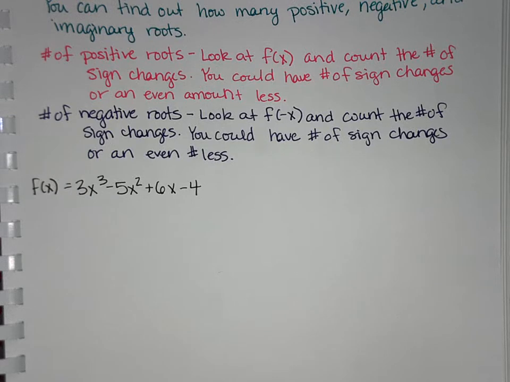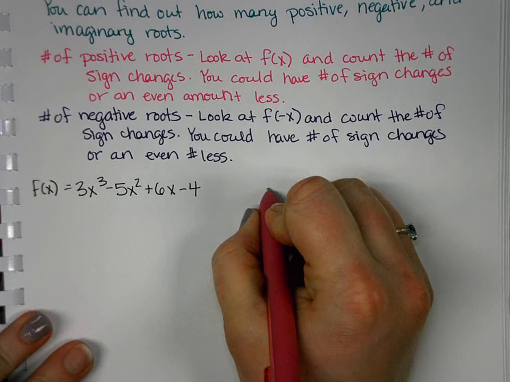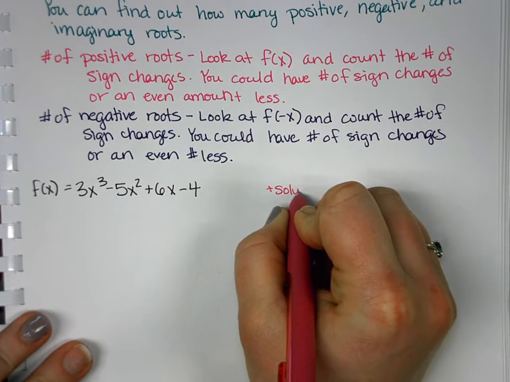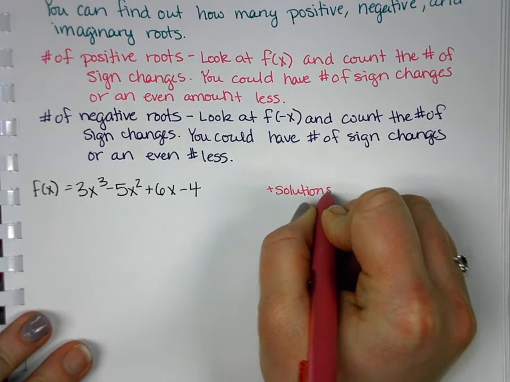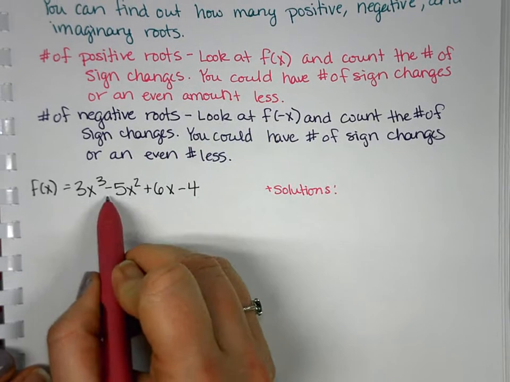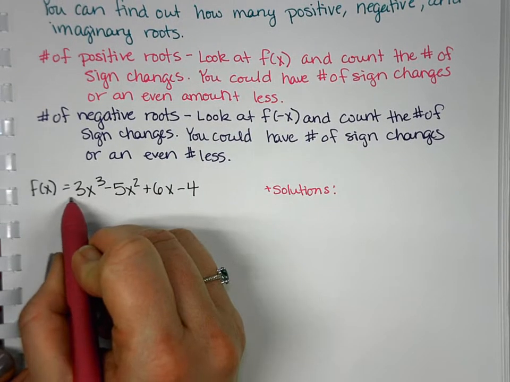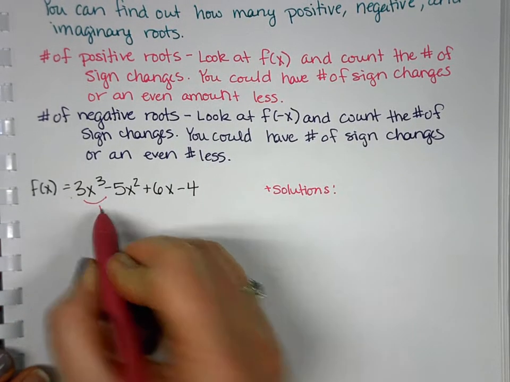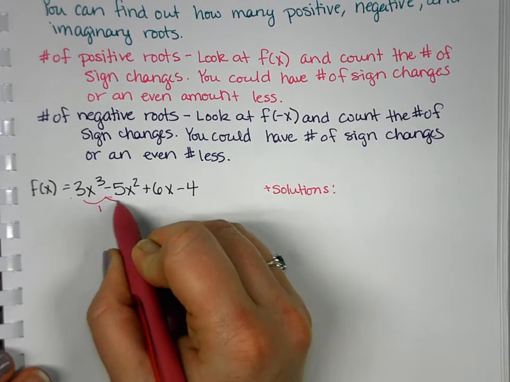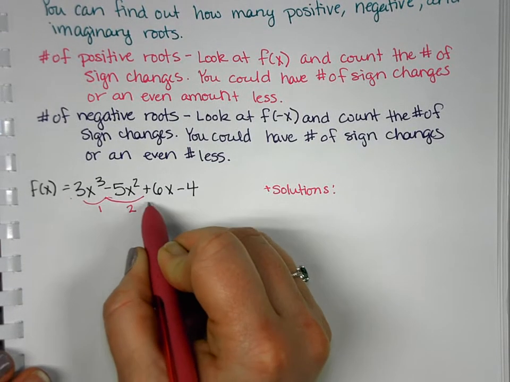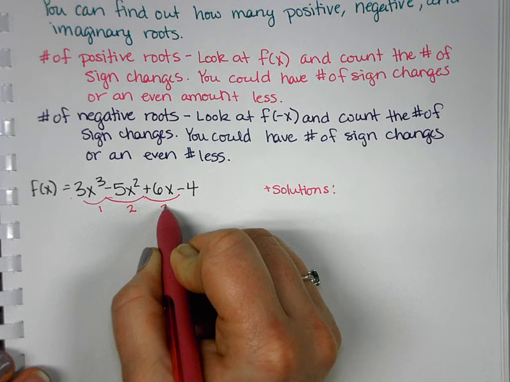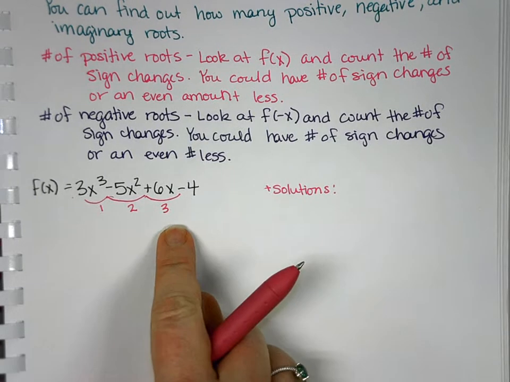So let's start with positive solutions. I'm going to count my sign changes. So I went from a positive to a negative, that's 1. Negative to positive, that's 2. Positive to negative, that's 3. So I had 3 different sign changes.